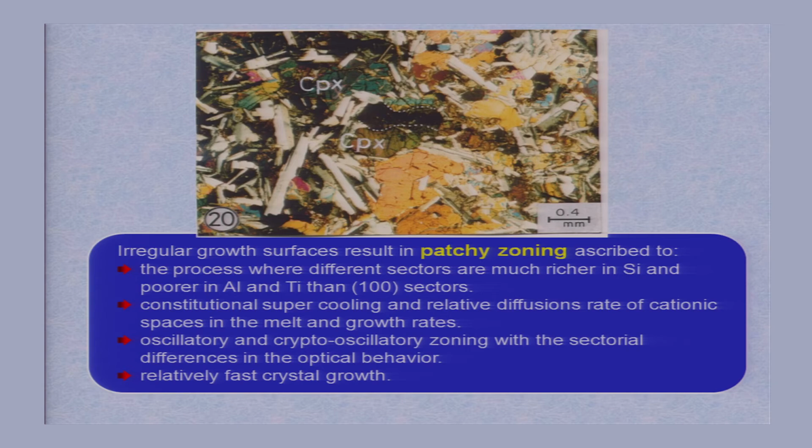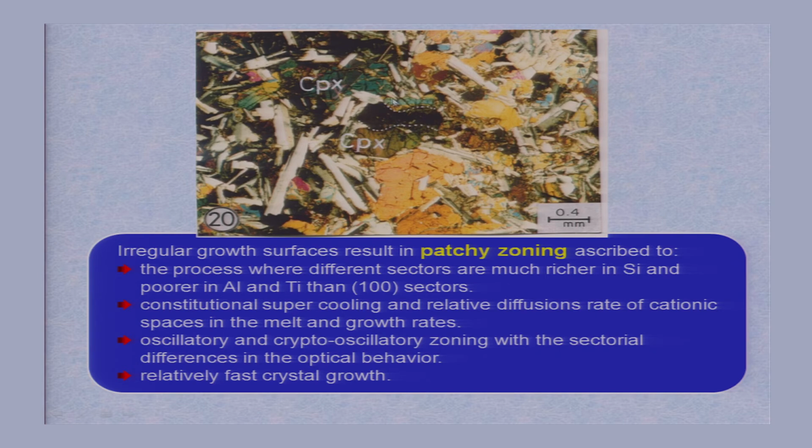This is a second possible reason for the formation of irregular growth surfaces. Oscillatory and crypto-oscillatory zoning also show sectoral differences in optical behavior.